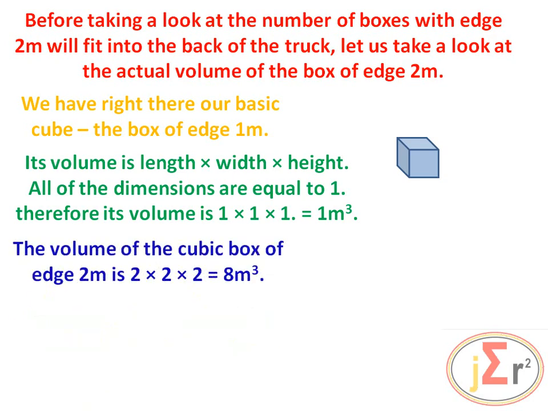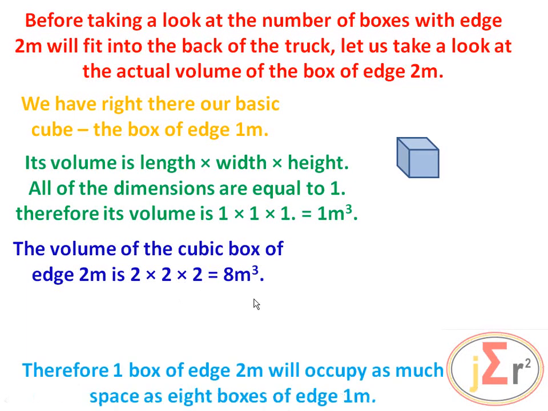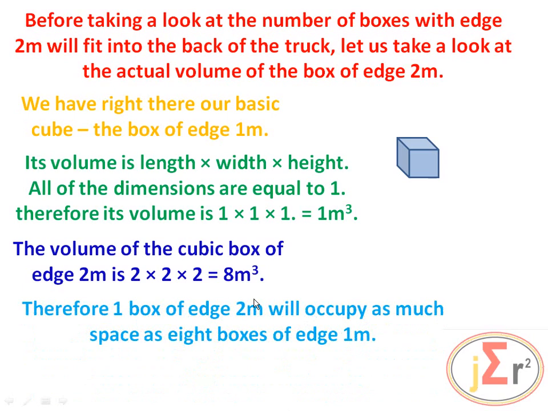The volume of the cubic box of edge 2 meters is what? 2 times 2 times 2, which is equal to 8 cubic meters. Therefore, one box of edge 2 meters will occupy as much space as 8 boxes of edge 1 meter.